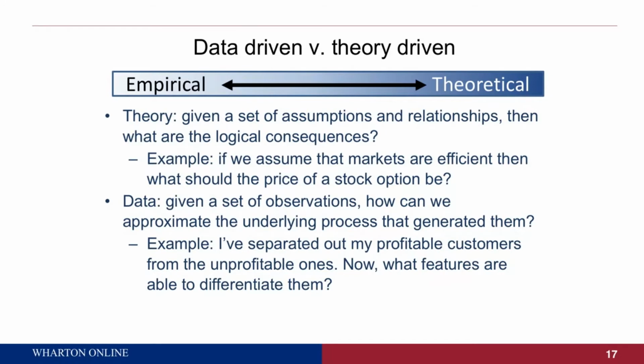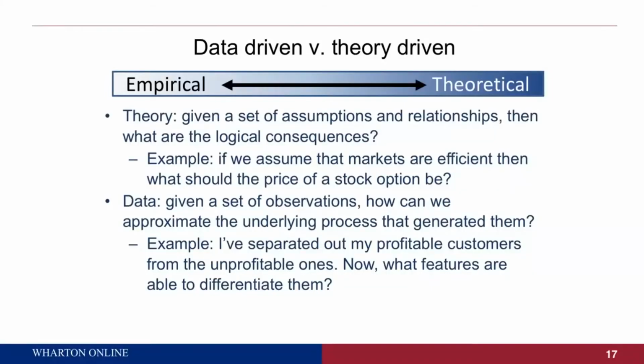So there could be an assumption that markets are efficient, and then given that assumption, there are certain logical consequences, and those logical consequences could be used, for example, to come up with a model for pricing a stock option. And so that's an example of a theoretical model.